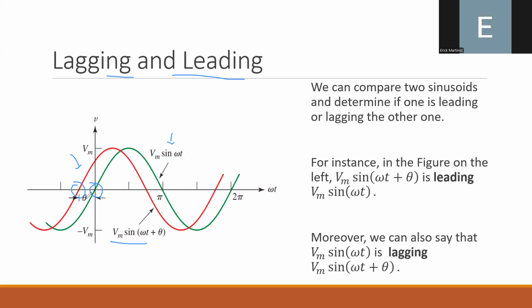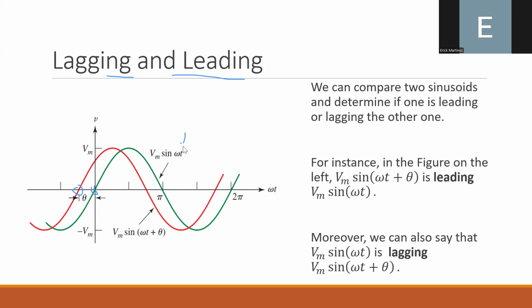Another important parameter that we want to consider is that sometimes we also want to determine the distance between the two sinusoidals when they cross the horizontal axis. We want to measure this distance, and this distance is essentially the phase difference between the two sinusoidals.